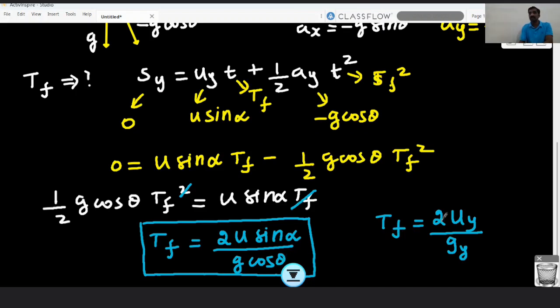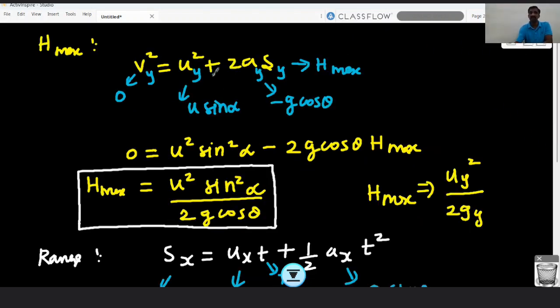Okay, to remember easily, time of ascent plus time of descent, so 2u by g. And then we have discussed h maximum. For that we have used the velocity and position time graph equation. So here we have assumed at maximum height the velocity will be 0. Okay, so by using the components of velocity and gravity we can easily obtain this relation.